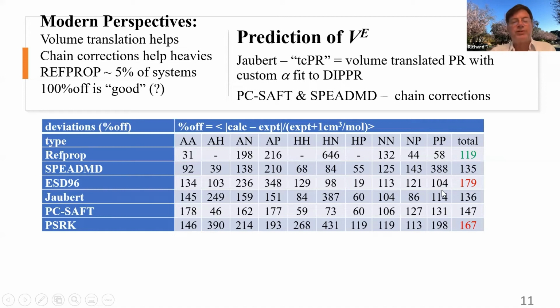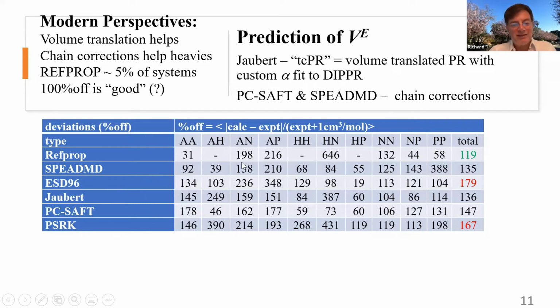Let's talk about mixtures. When it comes to the excess volume, we can compare all the different methods, and now we have a breakdown according to many different types of molecule-molecule interactions. So if it's an associating molecule with an associating molecule, if that's the binary mixture, then that's this column.